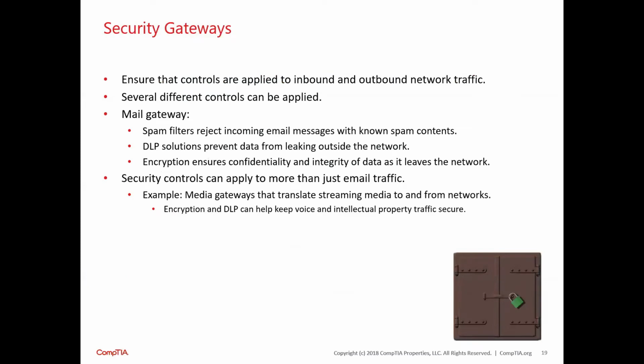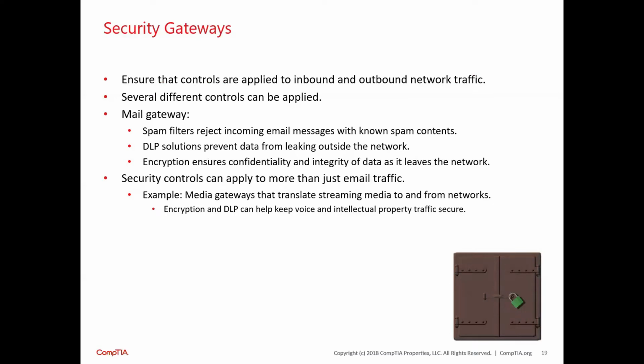We also have another device called security gateways, which normally apply controls to inbound and outbound network traffic. And different controls can be applied. For example, you can configure a server to be a mail gateway that will do the filtering on spam and DLP, as well as ensuring confidentiality and integrity by applying encryption.